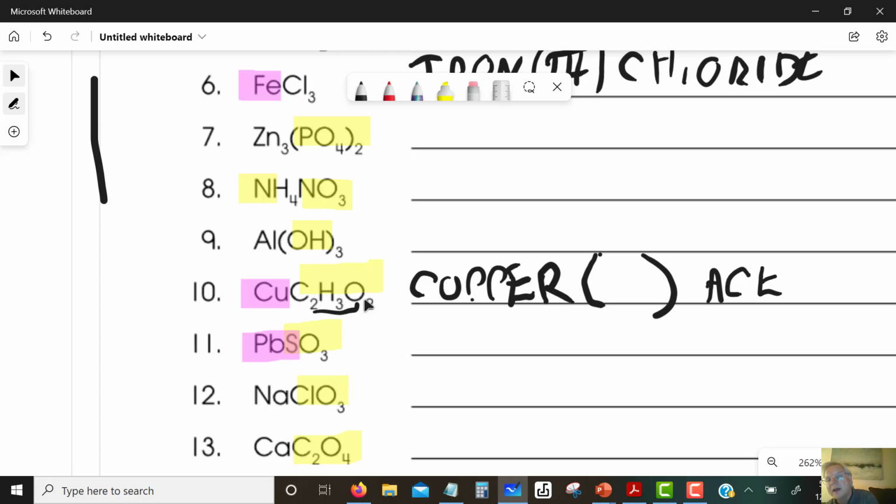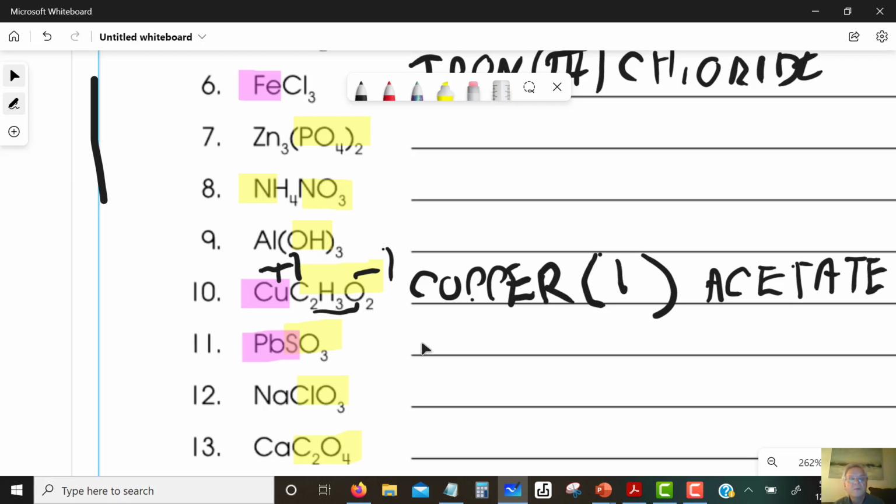And an acetate ion has a charge of -1 when I look it up in the reference table. So this had to be a +1 to cancel it out. The ions balance each other. So this is copper 1 acetate.